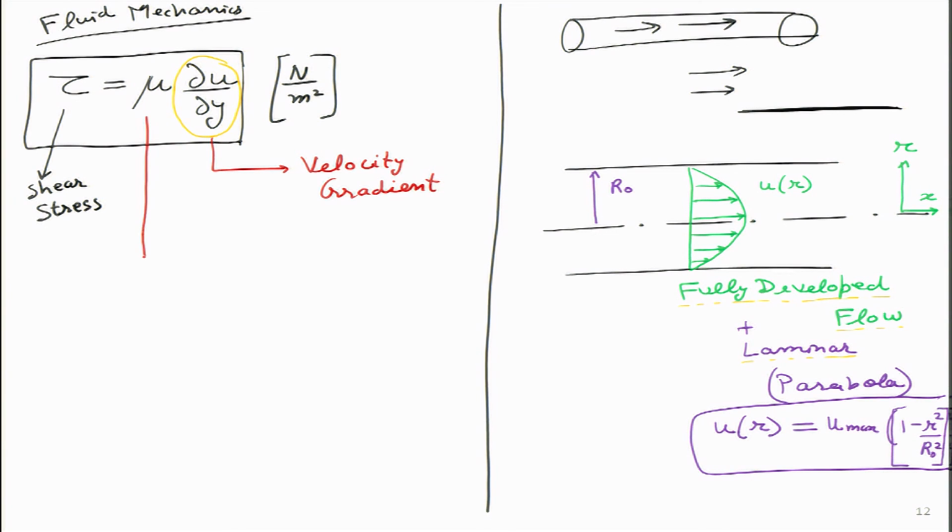and this parameter mu is the dynamic viscosity. And the units for that are Newton second per meter square.